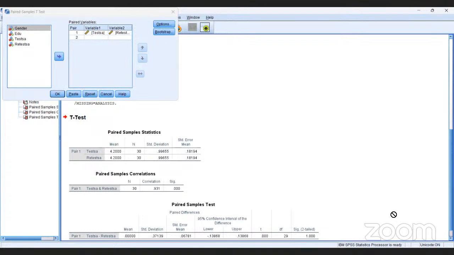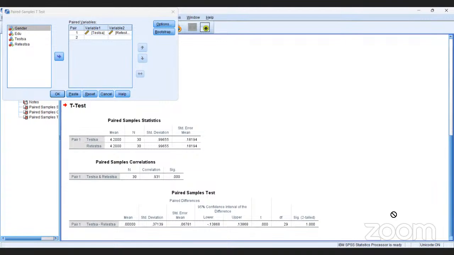Next, we will check whether the paired sample t-test is significant or not. Since the data are the same, you will find that the test and retest mean difference is 0.